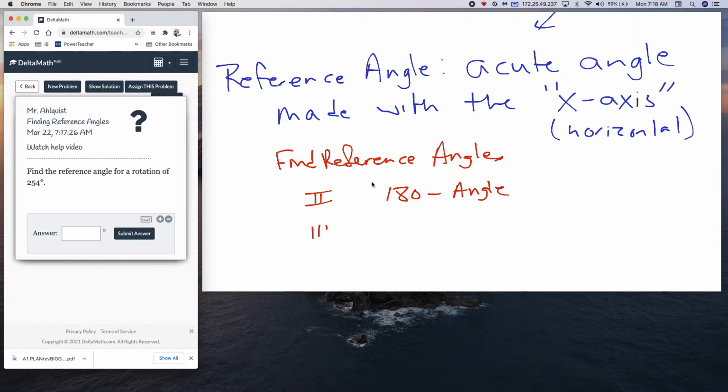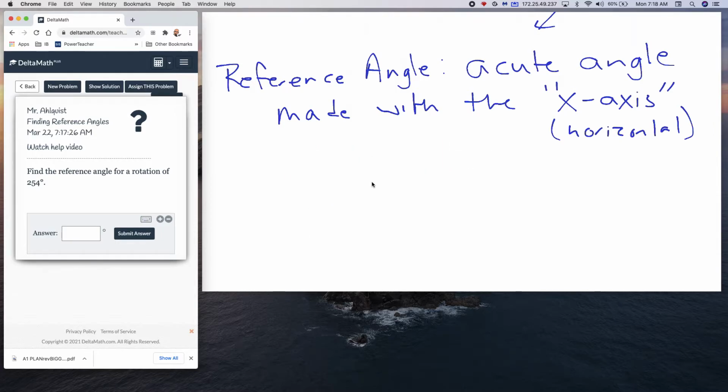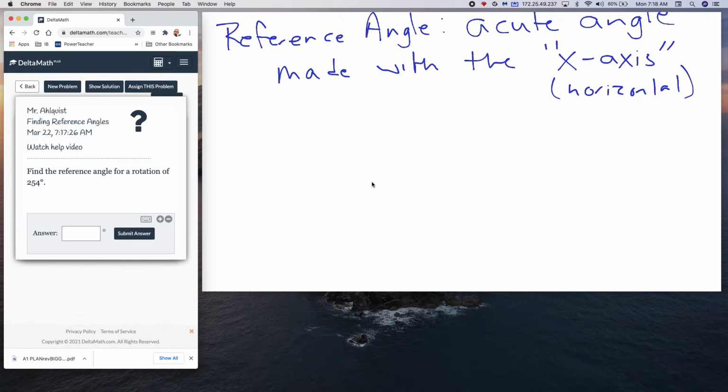In the third quadrant, let me think about how I want to say that. So let's just do an example. Let me back up. Let's just look at this example.